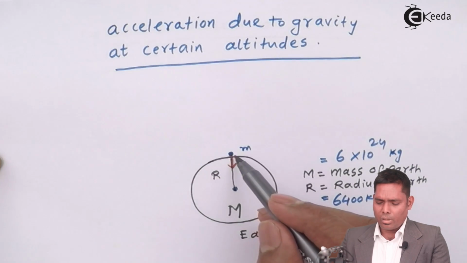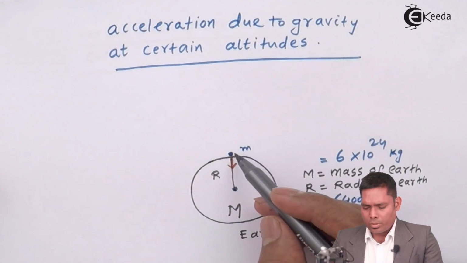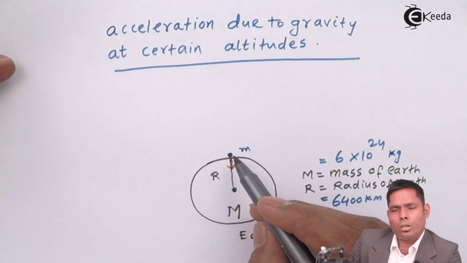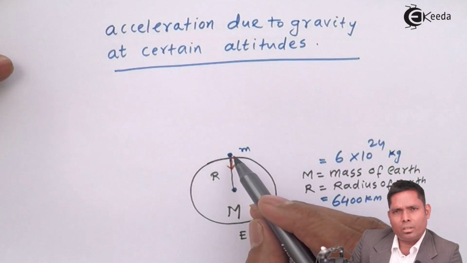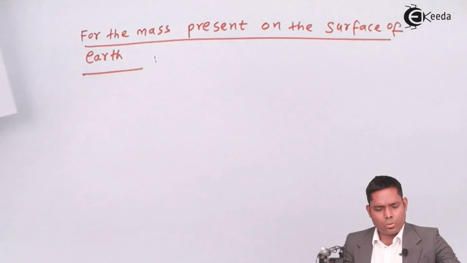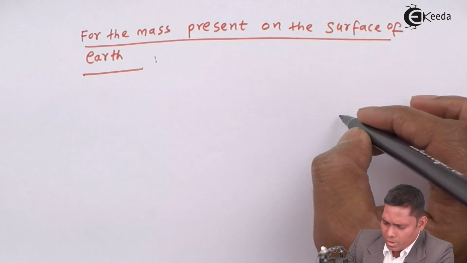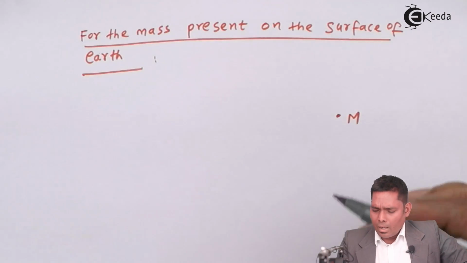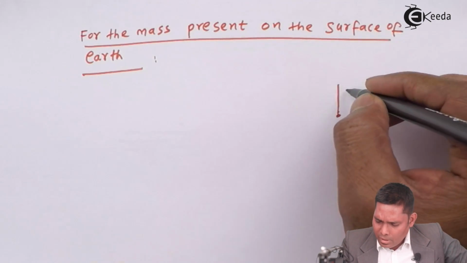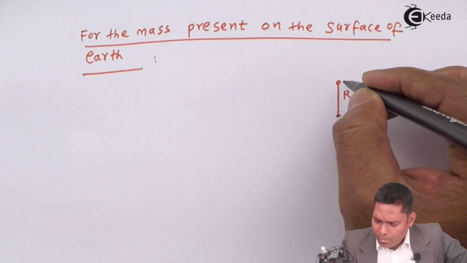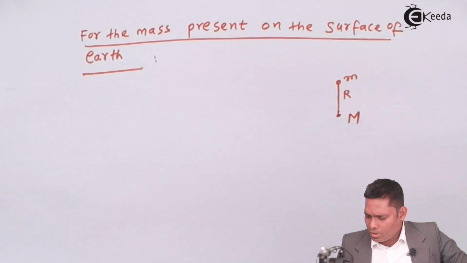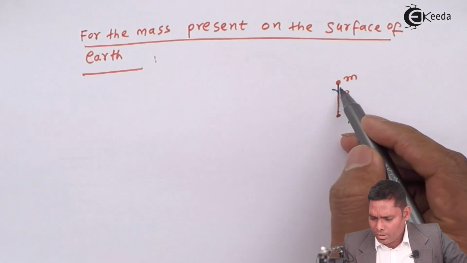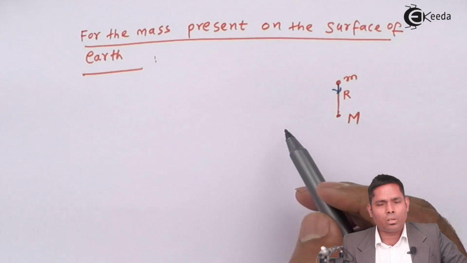We are concerned with the force experienced by this small mass object that is placed on the Earth's surface. So if I have this situation, the center of the Earth with the whole mass supposed to be concentrated, and at a certain radius, say R, the point mass small m is present. In this scenario, the force acting on this mass is given by Newton's law of gravitation.